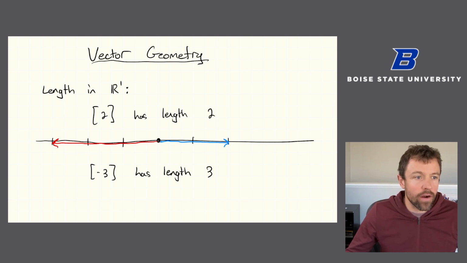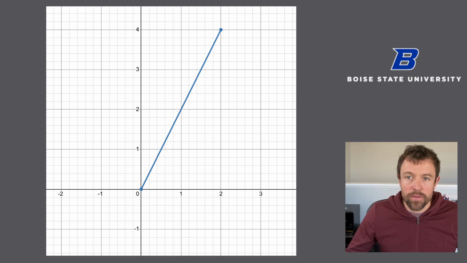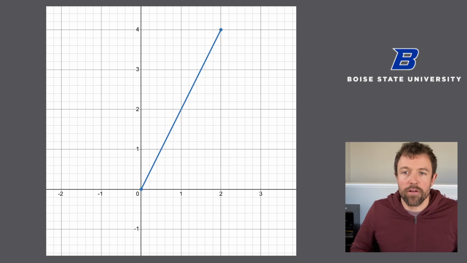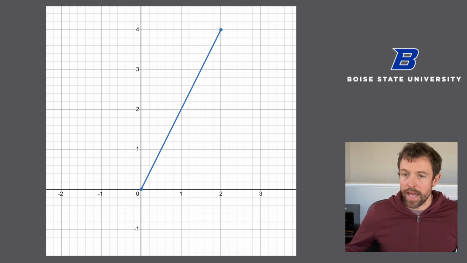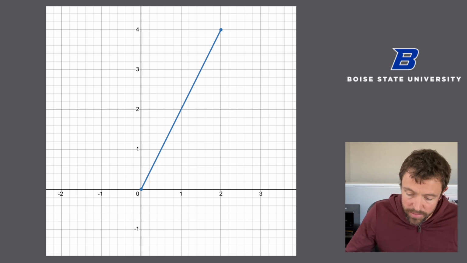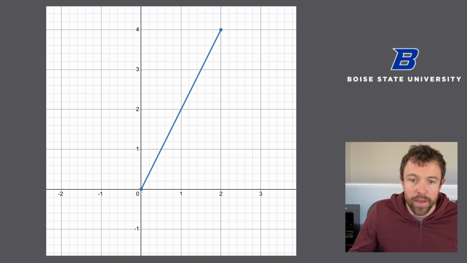Let's go look at R2. Due to limitations of Desmos, or limitations of my use of Desmos, I can't draw arrows on the end, but let's imagine that this is representing the vector 2, 4. This has a length, and I think everyone probably knows how to calculate it, but regardless, we should do it.